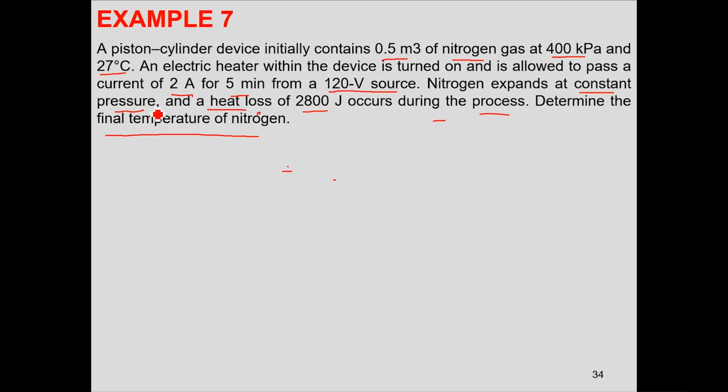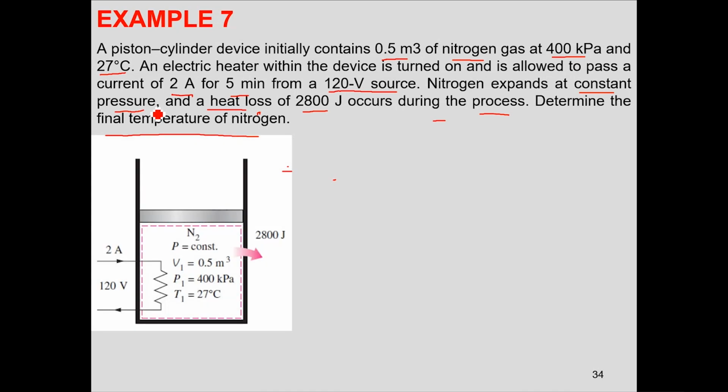Now let us have a look at the schematic of the process. So this is a closed system. You have nitrogen gas in the system, and you can assume this gas to be an ideal gas. The pressure, volume, and temperature at the initial condition are given to you.